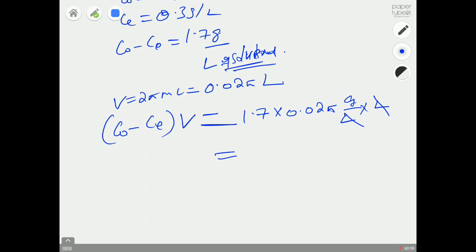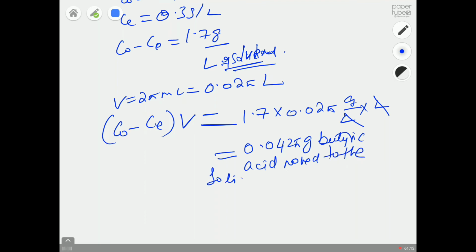This is nothing but 0.0425 grams of solute, or butyric acid, moved to the solid side in this experiment.